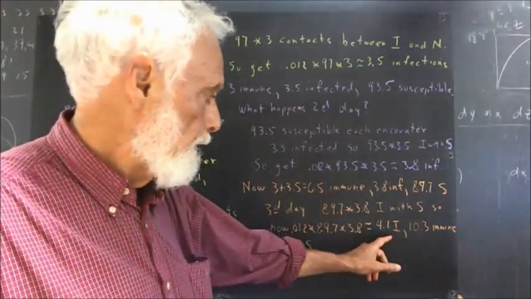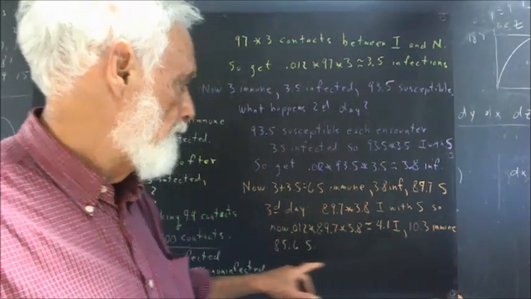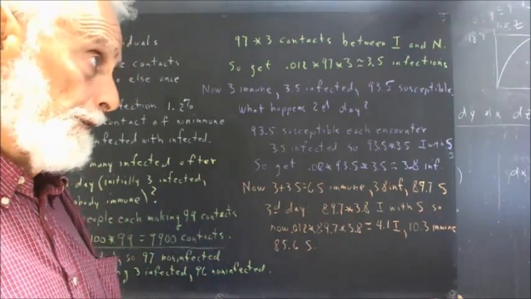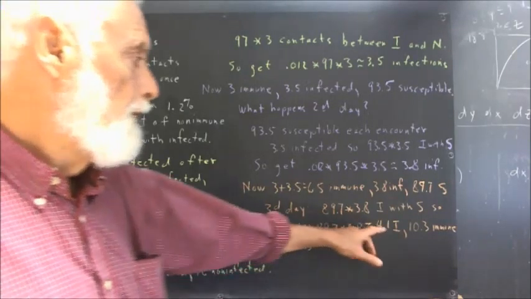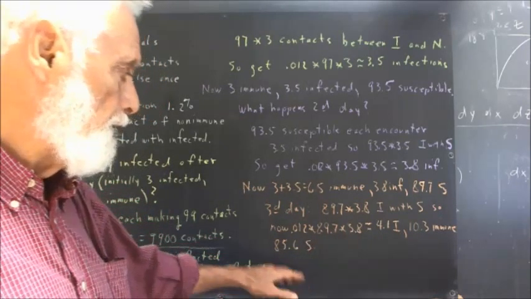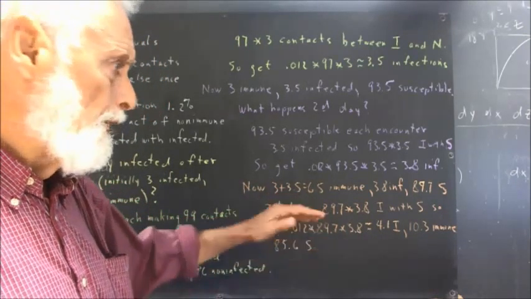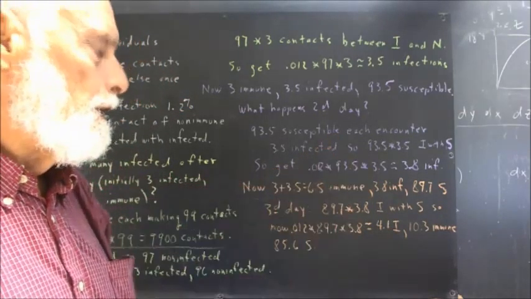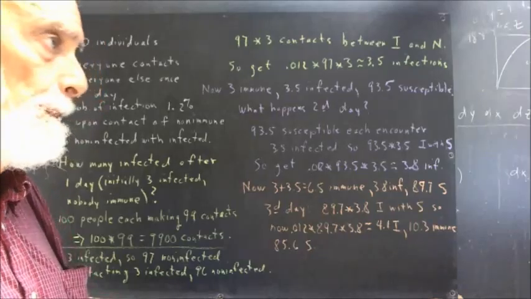So right now it looks like the number of new infections is increasing faster than the number of susceptibles is decreasing. So we do expect the number of infections to continue to increase for a little while until the number of susceptibles drops far enough and the number of infected starts to level off and even decrease.